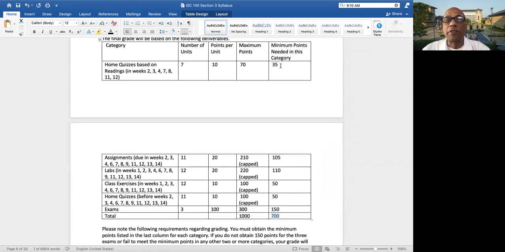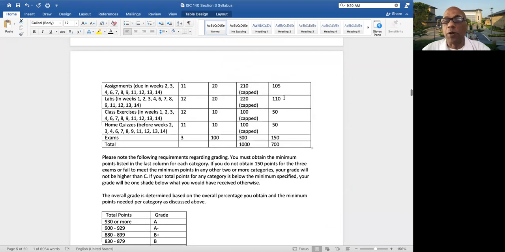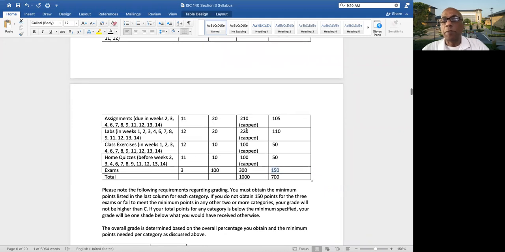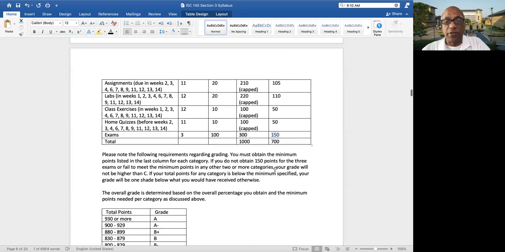For example, you must get 35 out of 70 for home quizzes, or 150 out of 300 for exams. You will see that this is pretty much 50% of the maximum possible. That is the minimum you have to get. And the total you have to get is 700 at least to make a C minus.